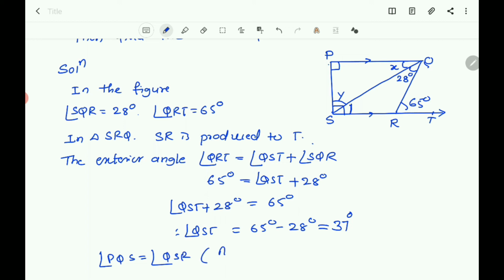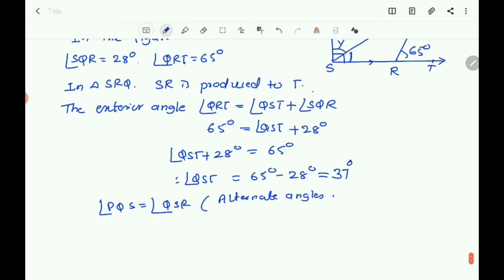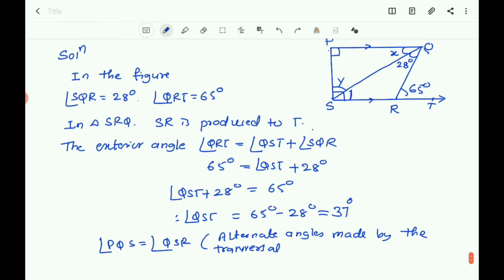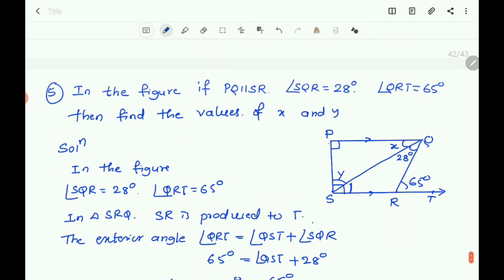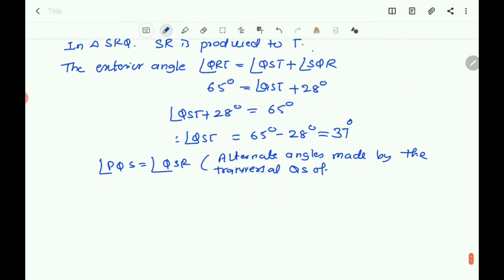They are alternate angles made by the transversal QS of PQ parallel to SR, which is given here.